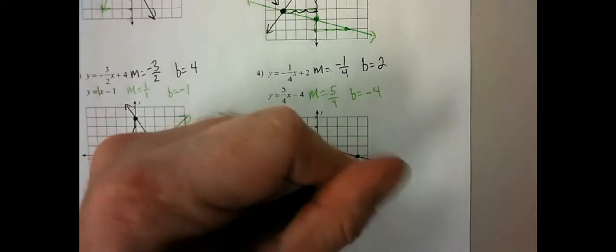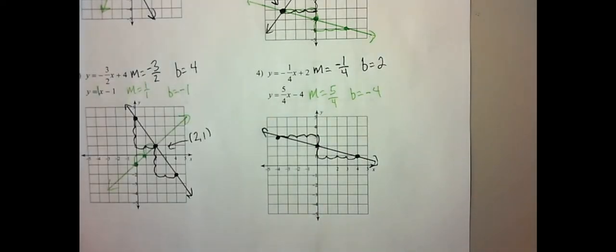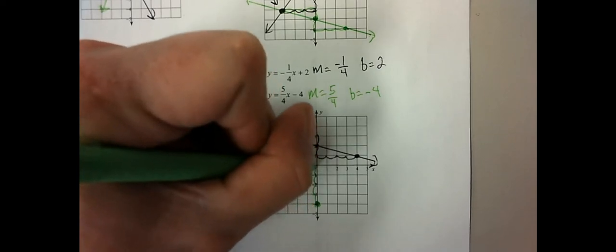All right, we're going to use our straight edge now and connect those points. Okay, and then second one, -4 starting point, and then it's up 5. So up 1, 2, 3, 4, 5, and over 4. 1, 2, 3, 4.